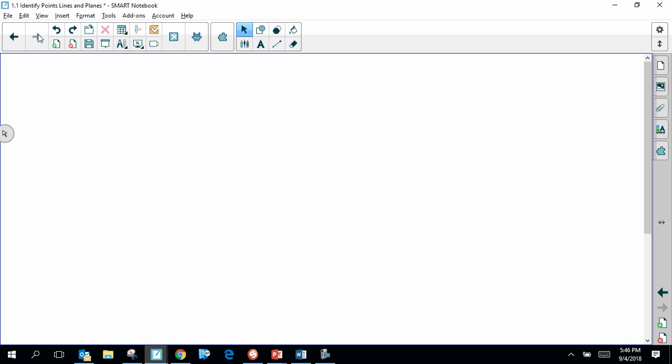Defined terms are going to be things that have kind of a general set of things along with some specific critical attributes that separate them, like what's a ray compared to a line segment, that kind of thing. And how do these things interact? Lines intersect at a point, planes intersect at a line, a plane and a line intersect at a point. So just a quick recap of what we talked about.